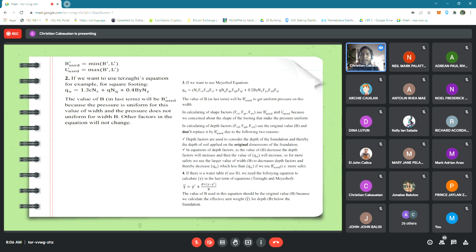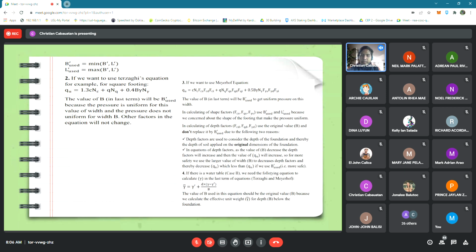And if we want to use the Meyerhof equation, by using the additional factors, the shape factors, the depth factors, and the inclination factors, the B in the last term would be the B prime, to get uniform pressure.